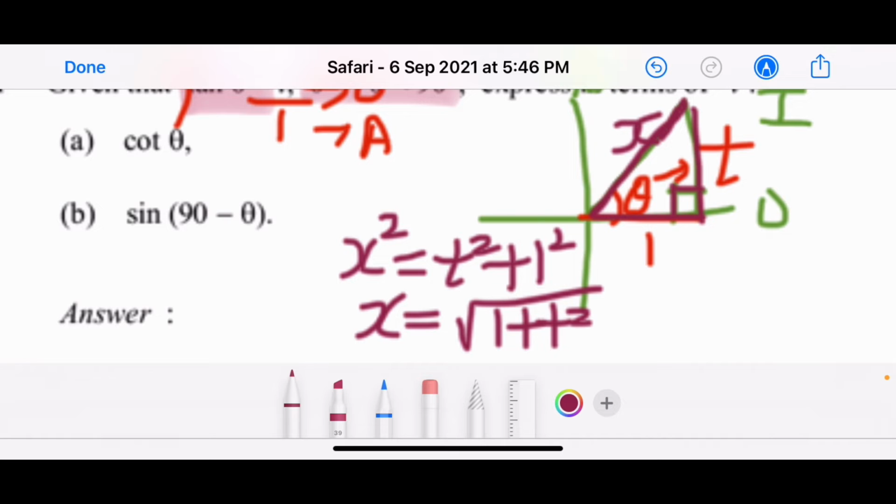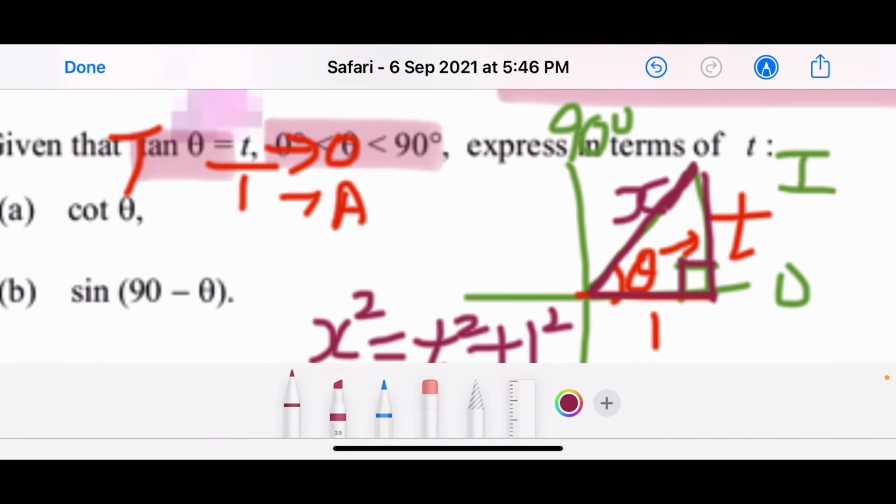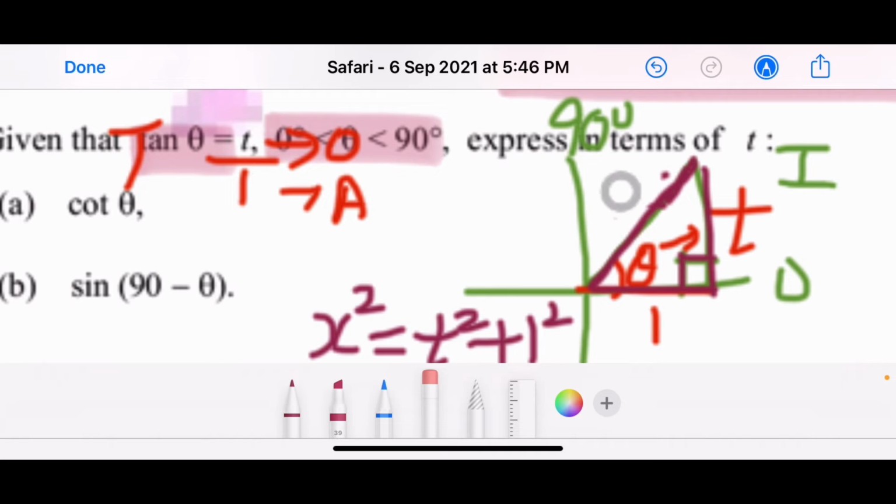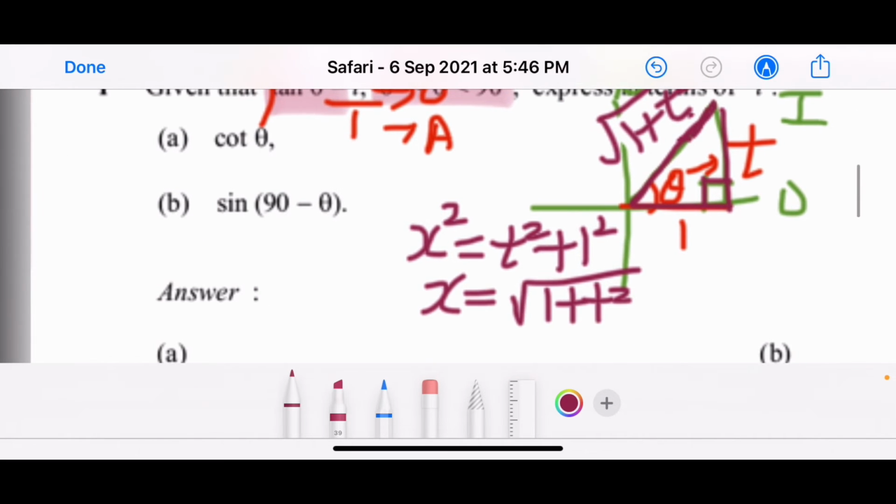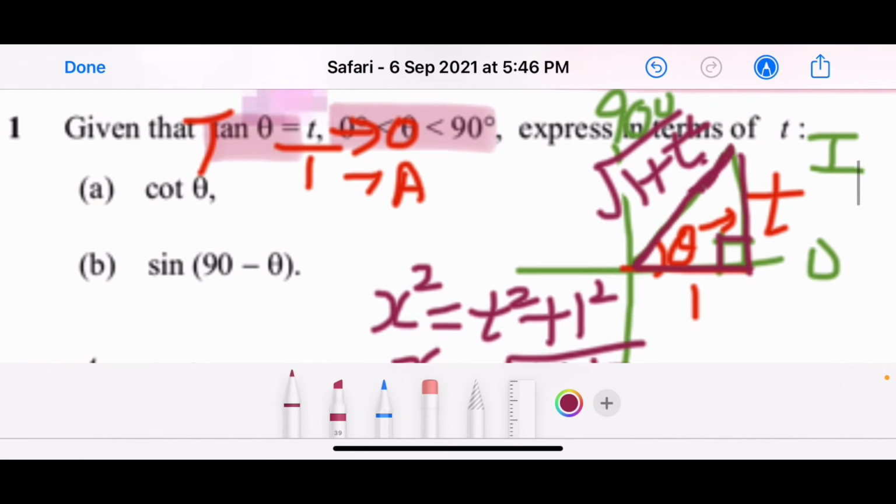Remember, 1 squared is 1. So this length we can label as the square root of 1 plus t squared. Now we have all the three sides, right? Okay, so we can actually solve the problem.